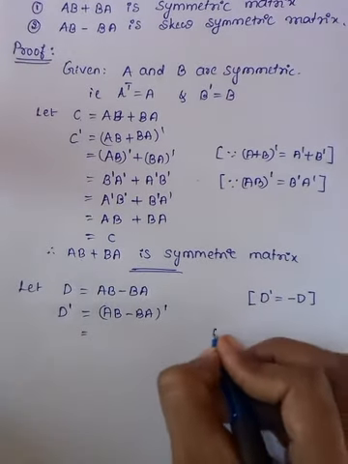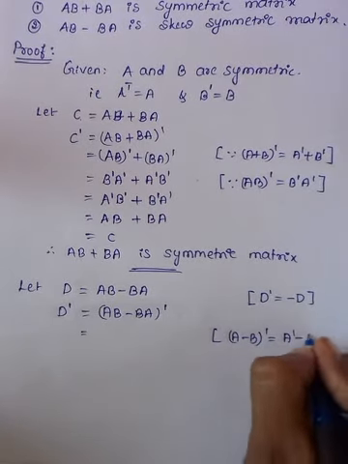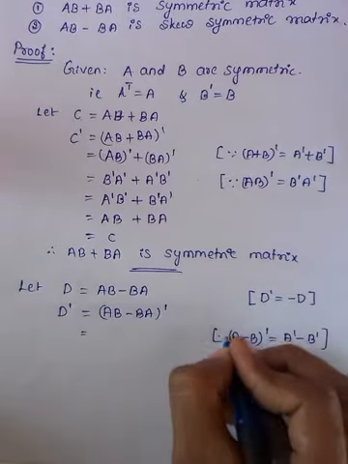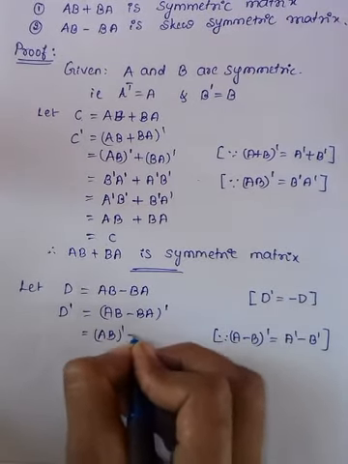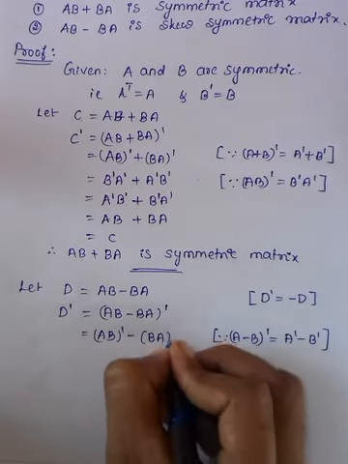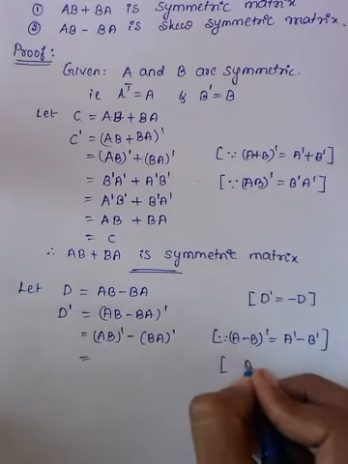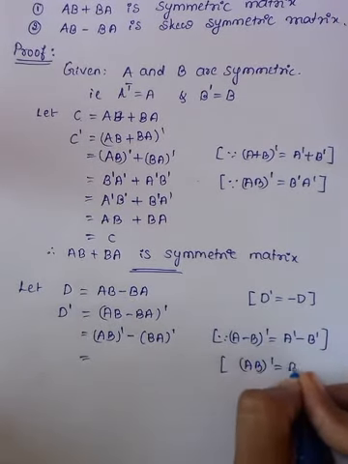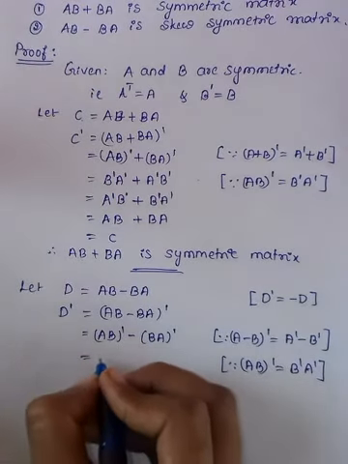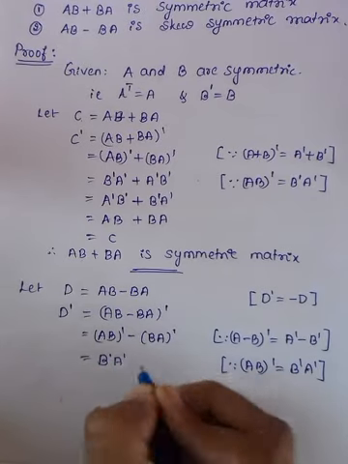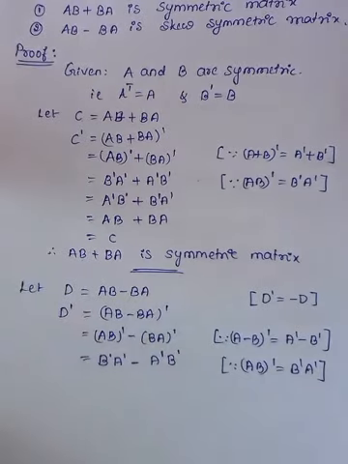We know that (A minus B) whole transpose equals A transpose minus B transpose. Apply this here: (AB) whole transpose minus (BA) whole transpose. And (AB) whole transpose equals B transpose A transpose. So this is B transpose A transpose minus A transpose B transpose.